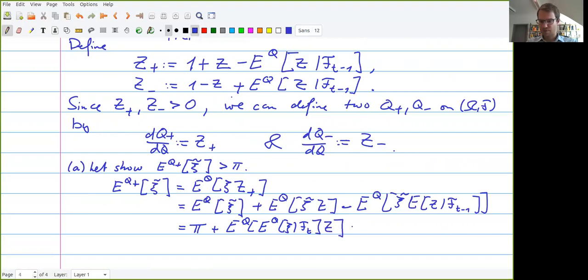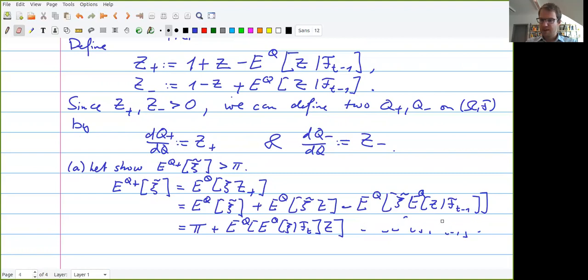So this is the tower property, and here again we use the tower property with respect to F_{T-1}. Sorry, here Q is missing.